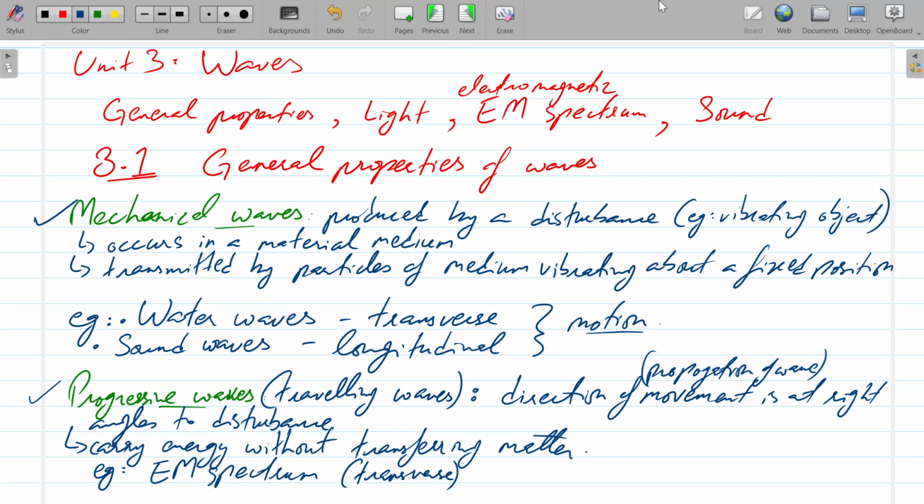So in the meanwhile, progressive waves are not made up of matter, and they do not need matter to travel, but they do transfer energy. So I was referring to radiation that we talked about in the previous class. Radiation is, as they mentioned, infrared.